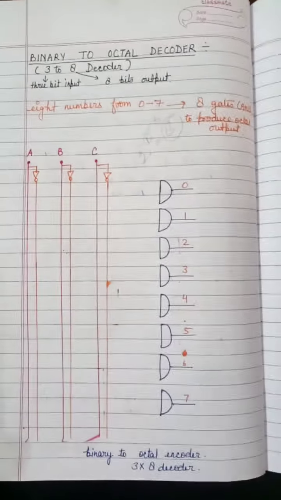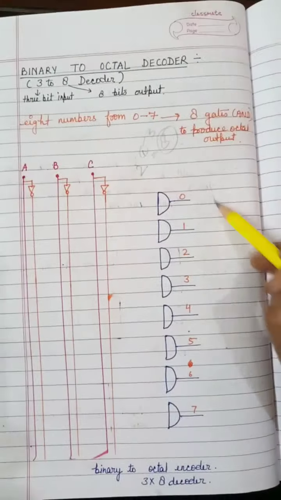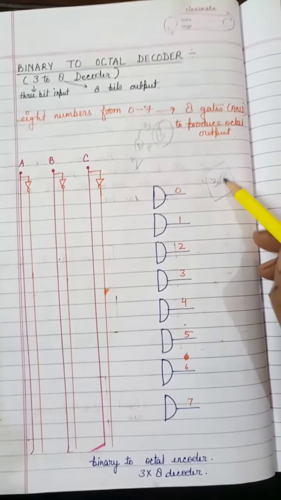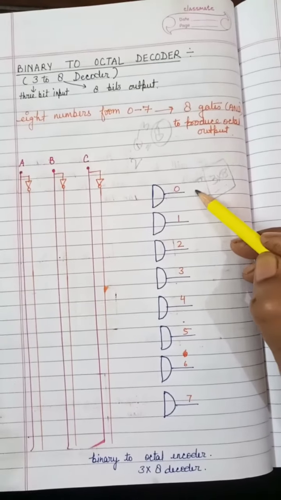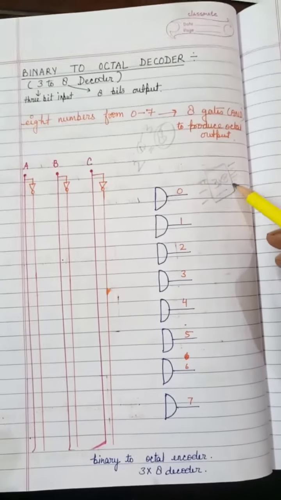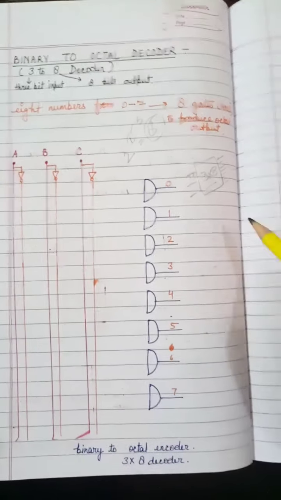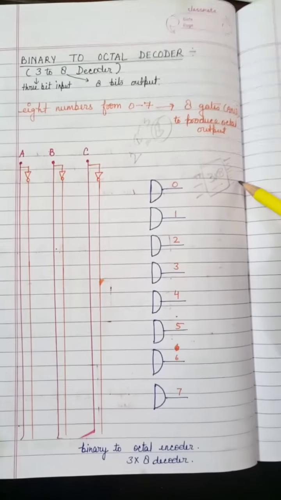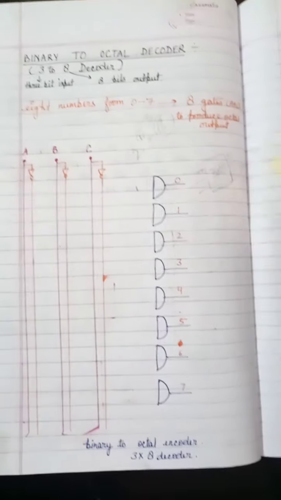Now the block diagram you can make easily. There will be a block, 3 to 8 decoder, with 3 input lines and 8 output lines. Write down 3 input lines, 8 output lines, 3 to 8 decoder.